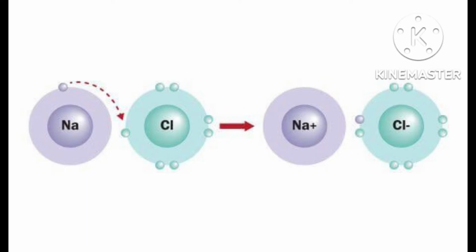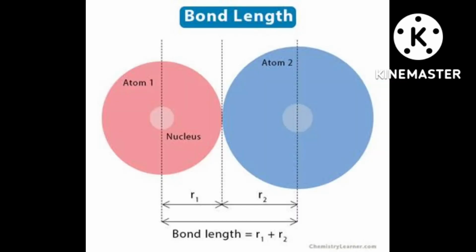That time it involves 495.8 kilojoule per mole. Per mole means Avogadro number. Okay, that is the ionization enthalpy for sodium.